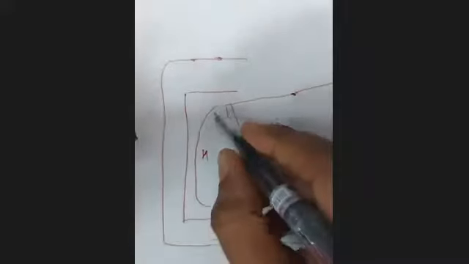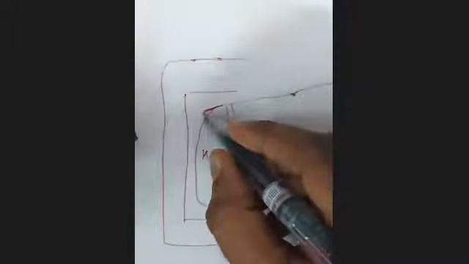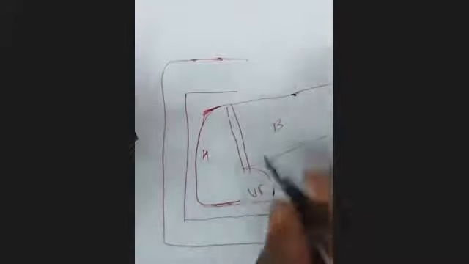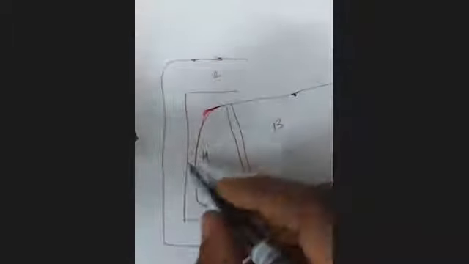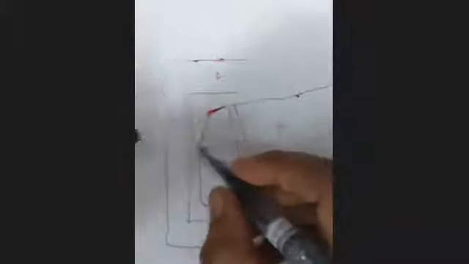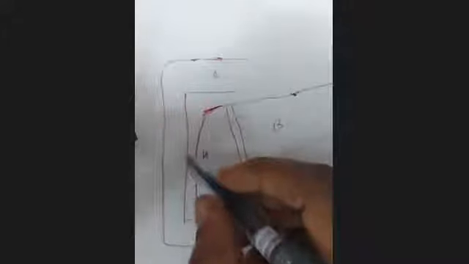If you see, the head has an upper border, a right border, and a lower border. The upper border will be grossly related to the first part of the duodenum, the right border will be related to the second part, and the lower border will be related to the third part.